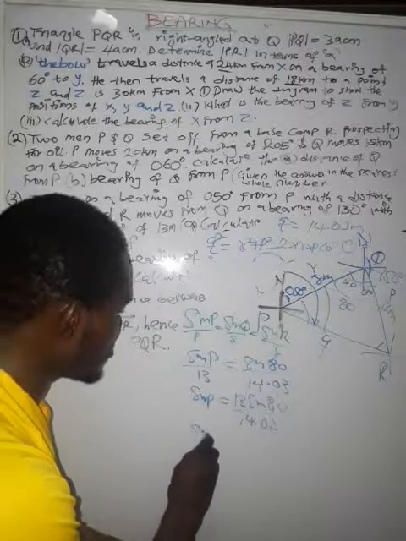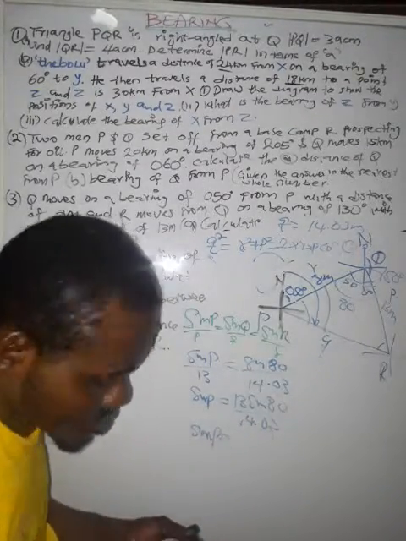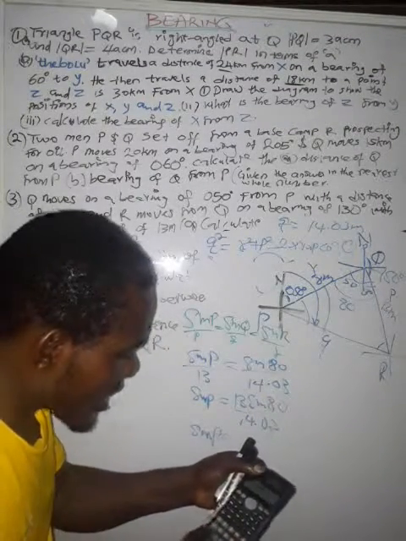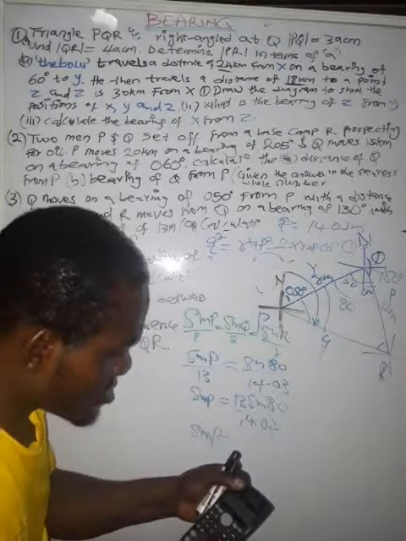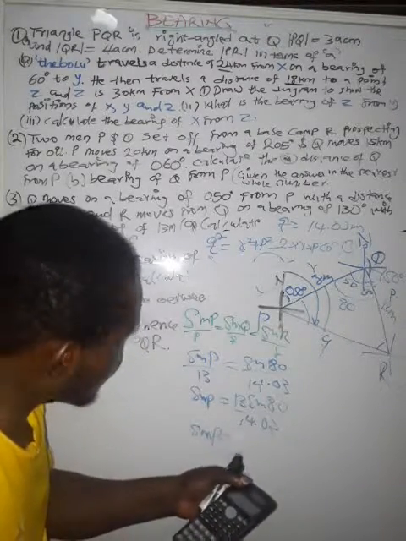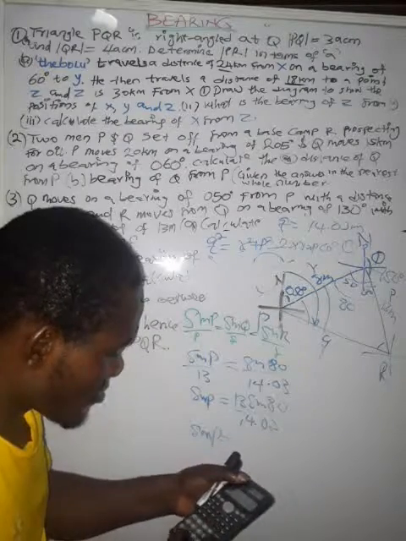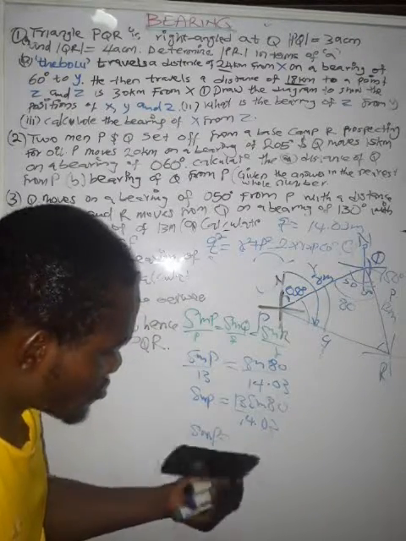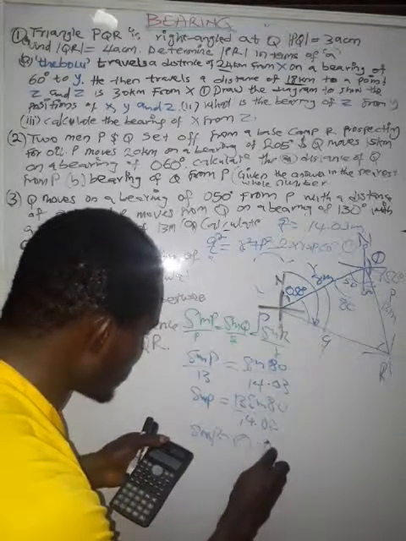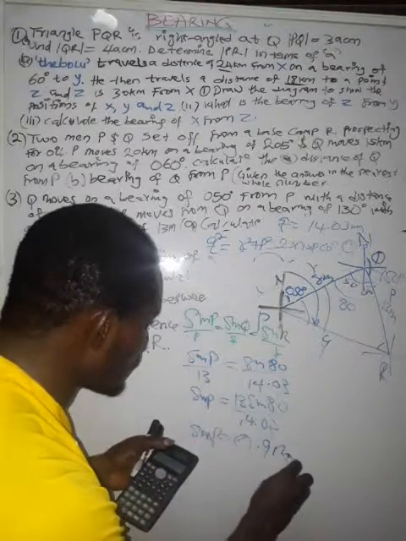So sine P will be equal to, using my calculator, 13 sine 80 divided by 14.03. So what do I have? I have 0.9125.